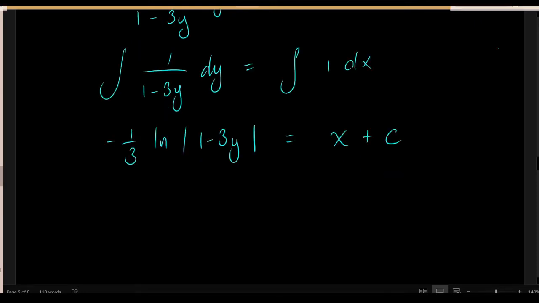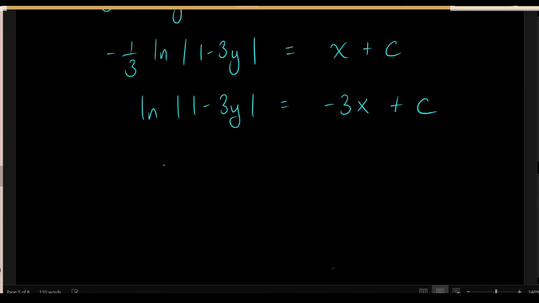So let's clean this up a bit. This would be the natural log of the absolute value of 1 minus 3y is equal to negative 3x, negative 3c, but there's no real need to have negative 3 times c, so we can just refresh this into a brand new added unknown constant.